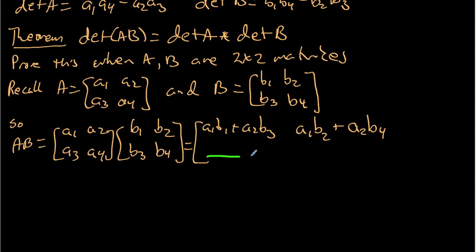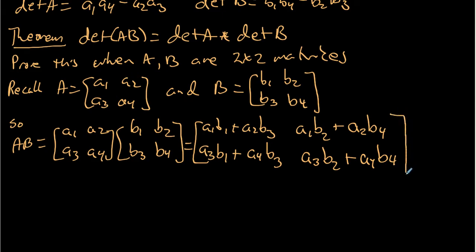The entry down here is this row dotted with this column, and so we wind up having A3 times B1 plus A4 times B3. And this final entry over here is this row dotted with the second column. And so this final entry is going to be A3 times B2 plus A4 times B4.